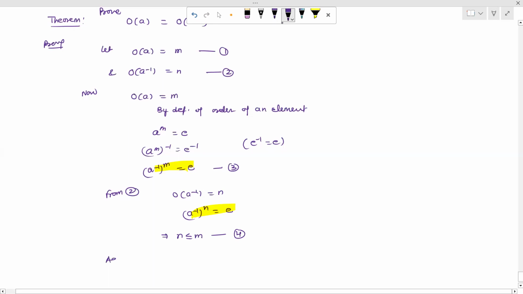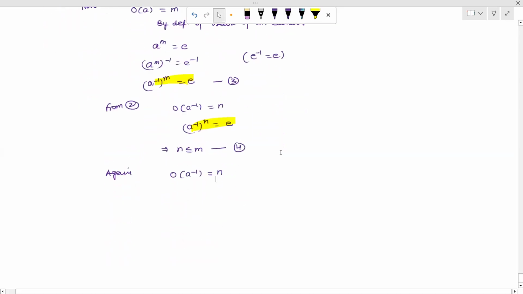Now again, we write A inverse to the power N equal to E. So A raised to the power N, into inverse, is equal to E. This can be written as A raised to the power N inverse, whole inverse, equal to E inverse.